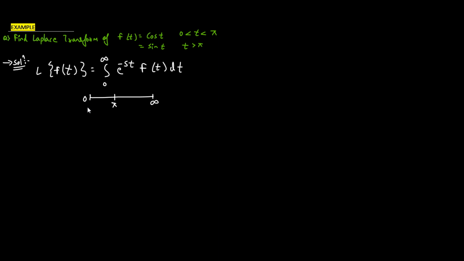Okay, so 0 to pi is this first part cos t, and greater than pi is the second part, sin t.